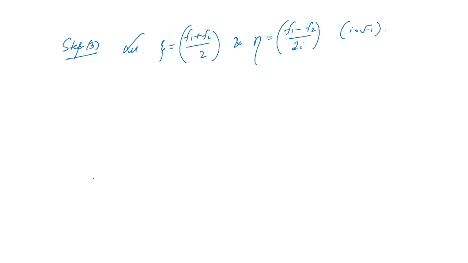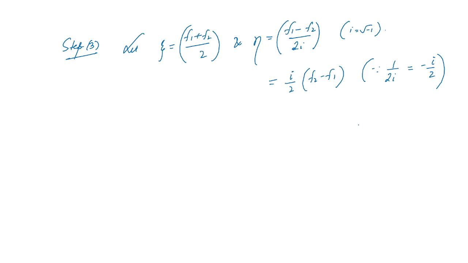Or in some cases we can write eta as i by 2 times (f2 minus f1). Why? Because 1 by 2i we can write as minus i by 2.